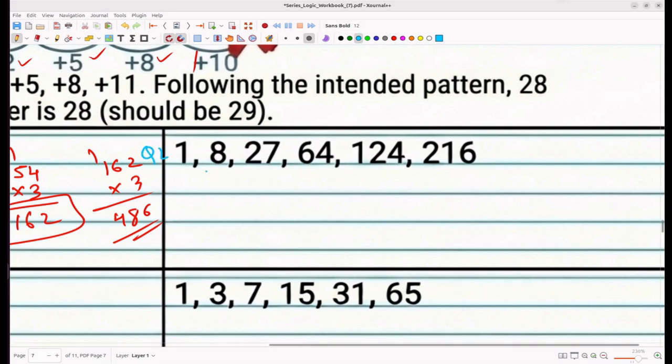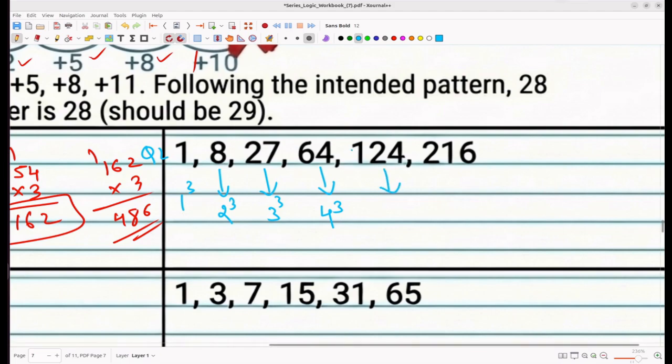Question number 2: here we have 1, 8, 27. This seems to be cubes, right? 1 cube is 1. 2 cube is 8. 3 cube: 3 times 3 is 9, 9 times 3 is 27, right? Again 4 cube is 64: 4 times 4 is 16, 16 times 4 is 64.